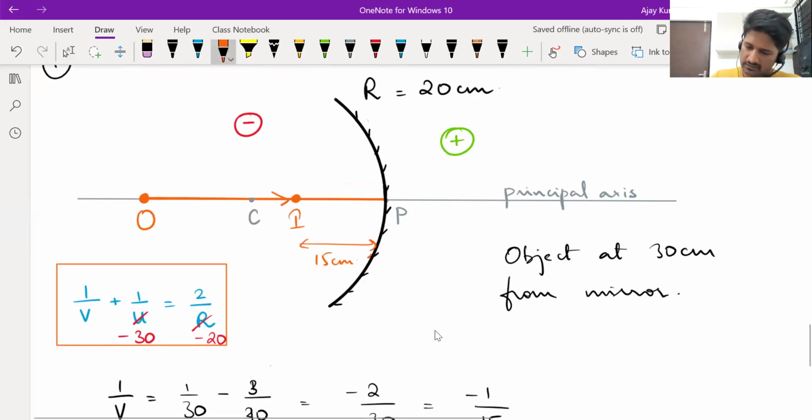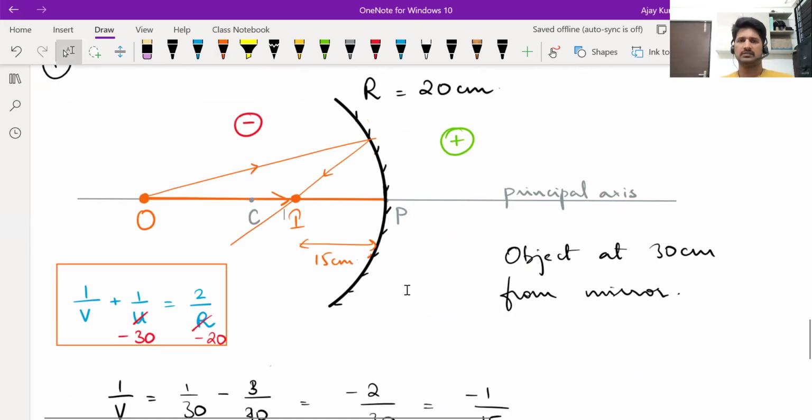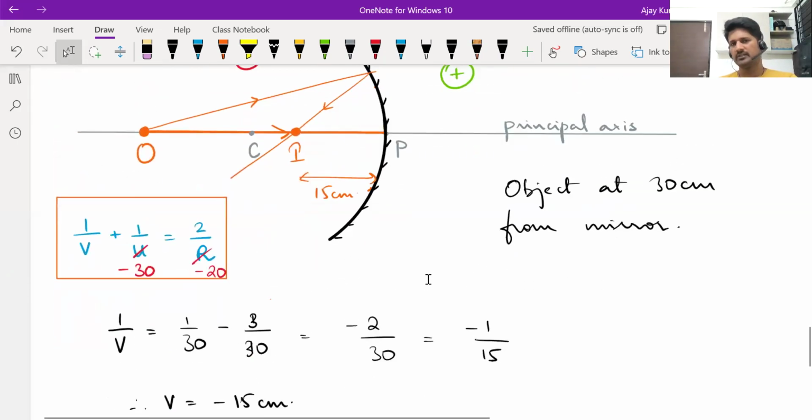And you visualize another ray, maybe like this, gets reflected this way. Okay. Now you all tell me, what kind of image is this? Real or virtual? Are rays actually passing through that point after reflection or not? Real. It's a real image because the reflected rays actually pass through that point. Okay. Now, in case of a mirror, we had discussed this in the last class also.